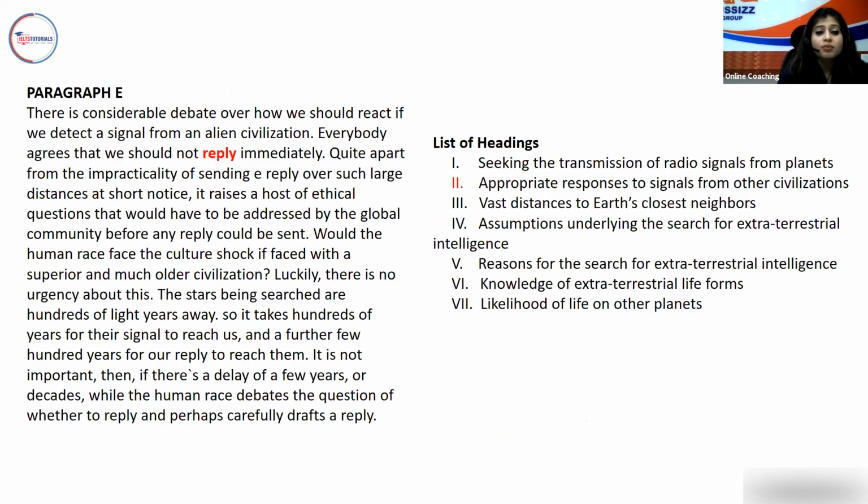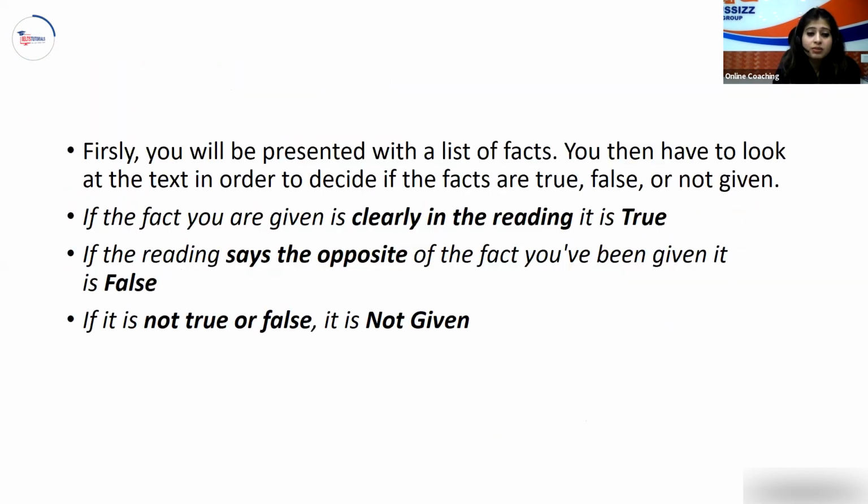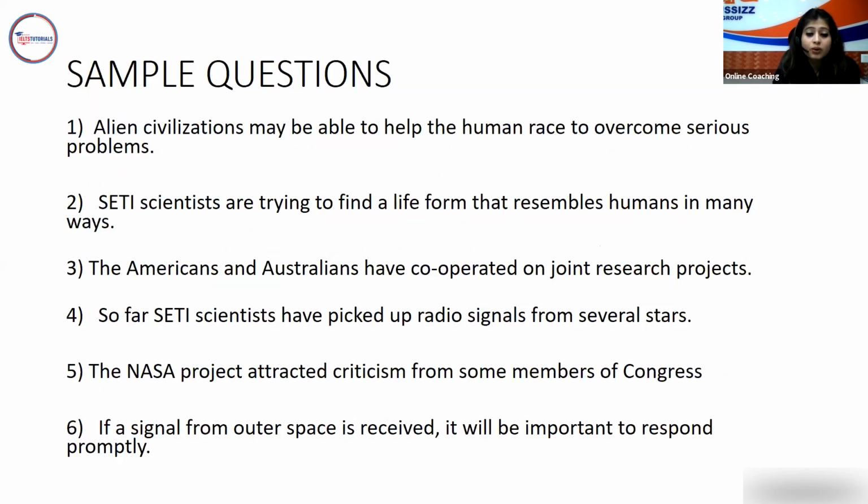This is quite an easy one actually. There is a considerable debate over how we should react if we detect a signal from the alien civilization. Everybody agrees that we should not reply immediately. Not reply immediately. And here my question says important to respond promptly. Respond promptly is reply immediately. Reply immediately, not reply immediately.